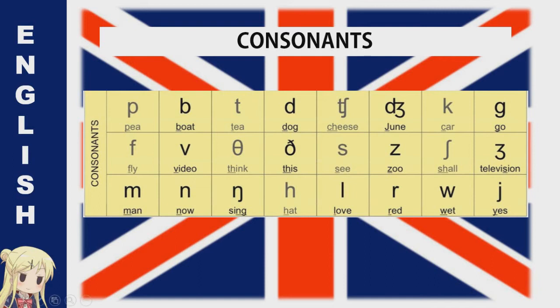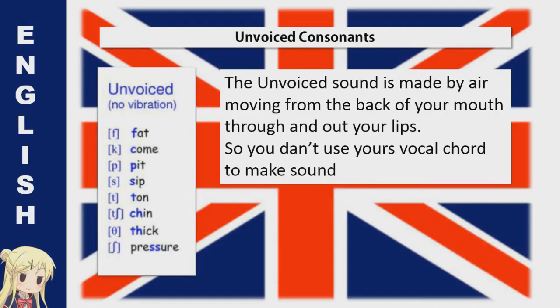You can see in this table that the unvoiced consonants are a little bit blurry in color, while the voiced consonants are bolder. For unvoiced consonants, the sound is made by air moving from the back of your mouth through your lips, so you don't use your vocal cords to make sound. It's like breathing. Let's practice from this table.